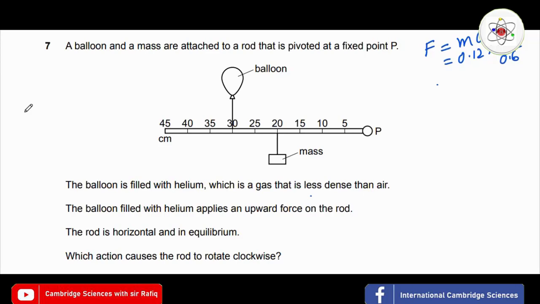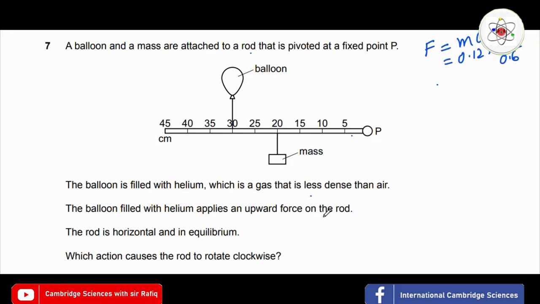Moving on, question number 7. A balloon and a mass are attached to a rod that is pivoted at a fixed point P. The balloon is filled with helium, which is a gas that is less dense than air. The balloon filled with helium applies an upward force on the rod.